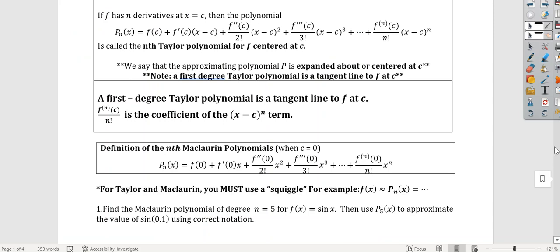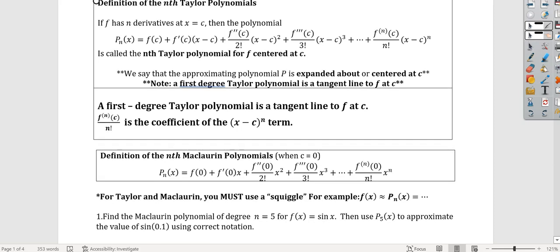The formula for calculating a Taylor polynomial looks way more complicated than it is. This is that textbook formula. But you're going to have two values. You're going to have where the function is centered, and that's going to be my C value that you're seeing in multiple places.